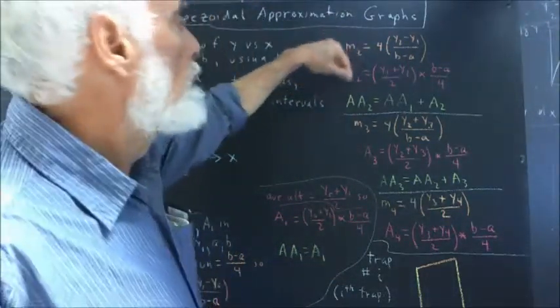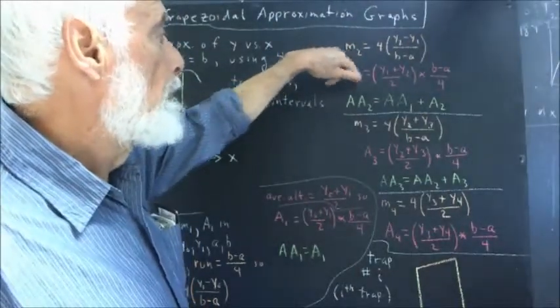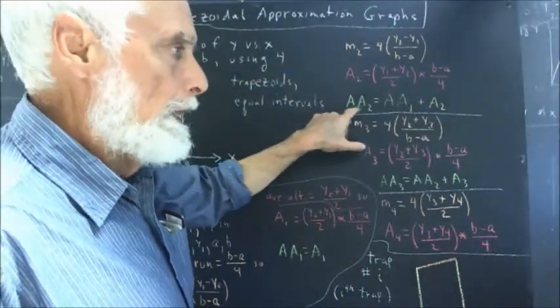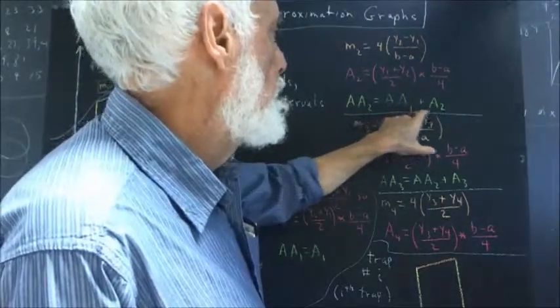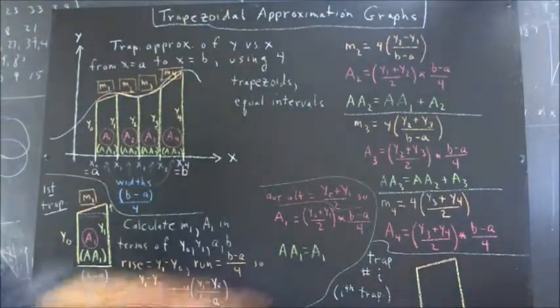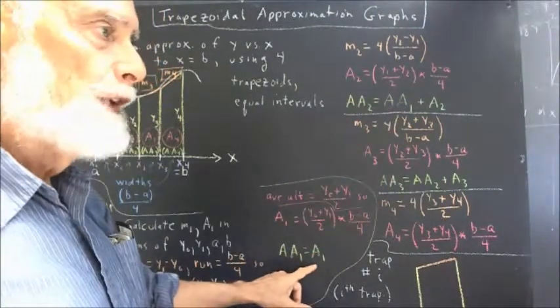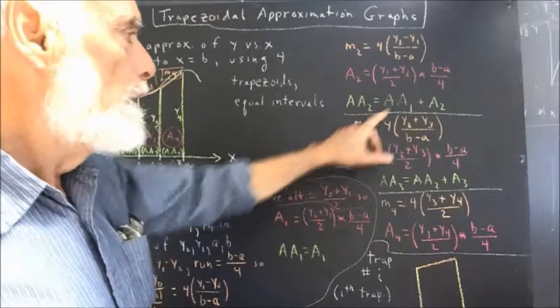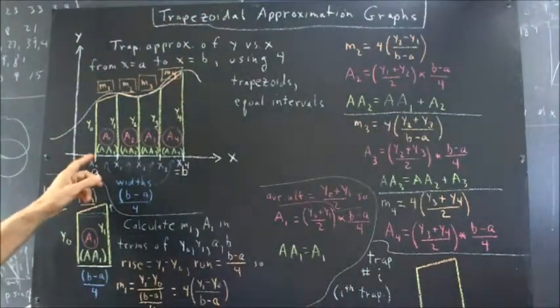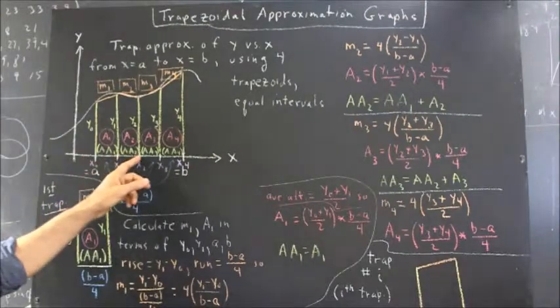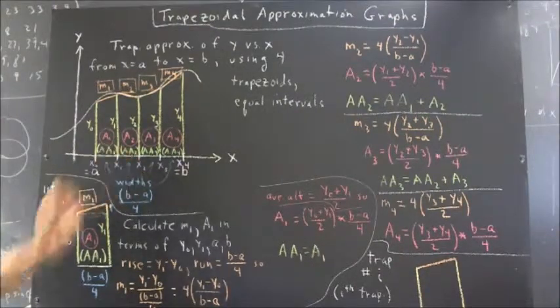Okay, the accumulated area, AA2, accumulated area 2 now is accumulated area 1 plus area 2. What does this mean? Well, accumulated area 1 is just the same as area 1, so we're adding the first area to the second, and that gives us the total area from here through here, and that's an important quantity.